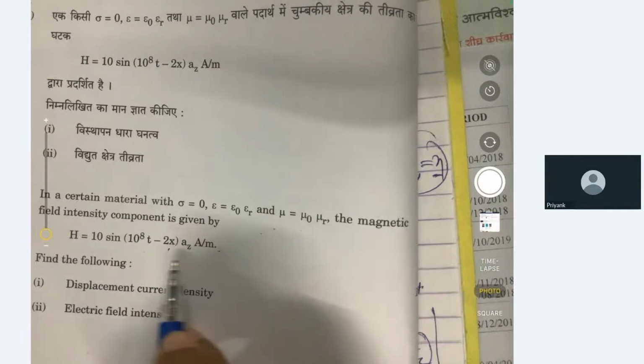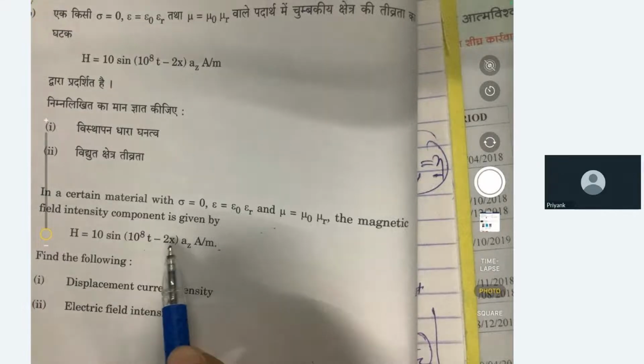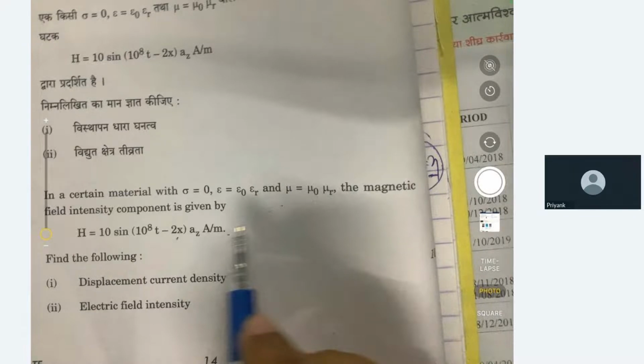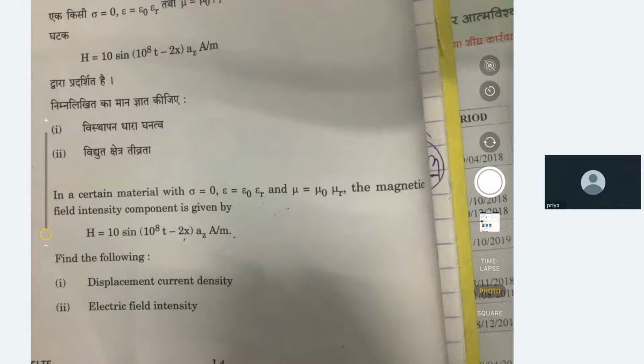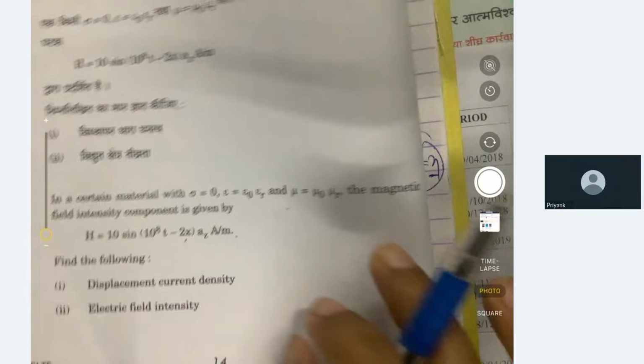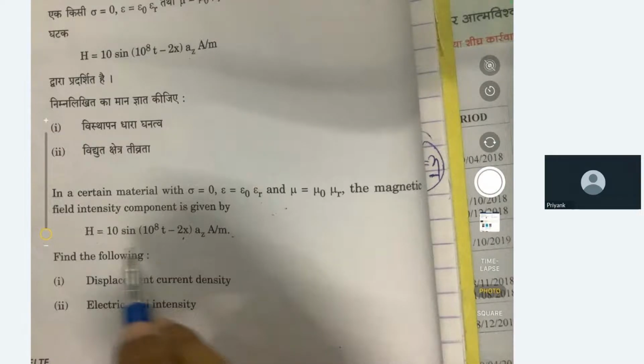But okay, mu r and epsilon r are not given here, so we require to find these two values. Yeah, that was the trick in this question. So that requires to be found out from this equation of H.